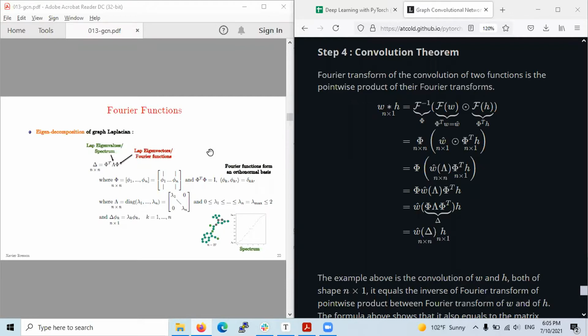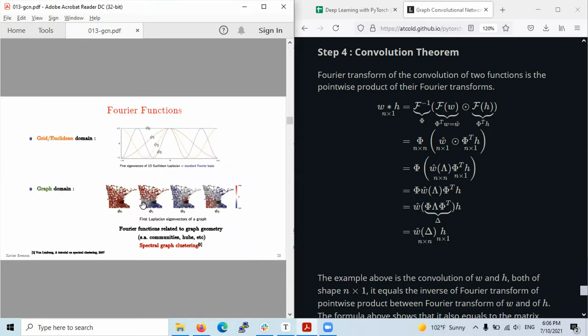One of them was the eigenvalues of the Laplacian itself, and then the eigenvectors. Based on the relation with signal processing, the eigenvectors correspond to the Fourier functions, and the eigenvalues correspond to the frequencies of the spectrum of the Laplacian itself.